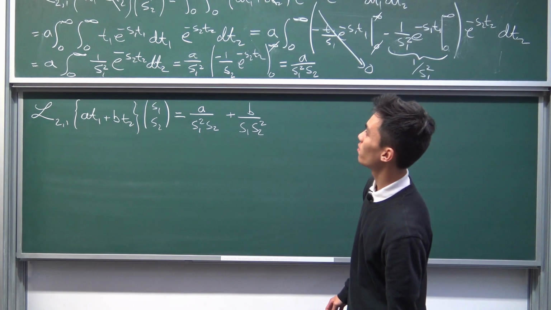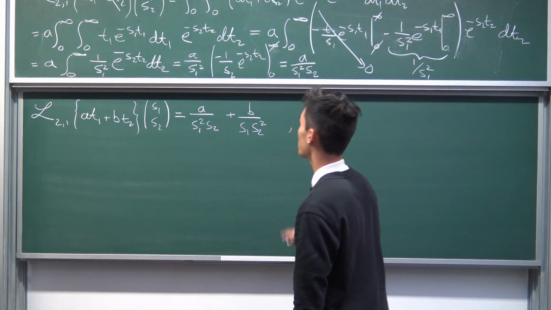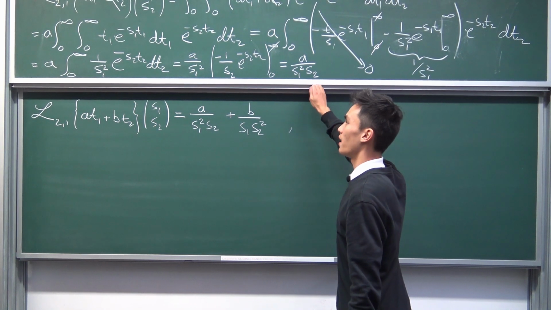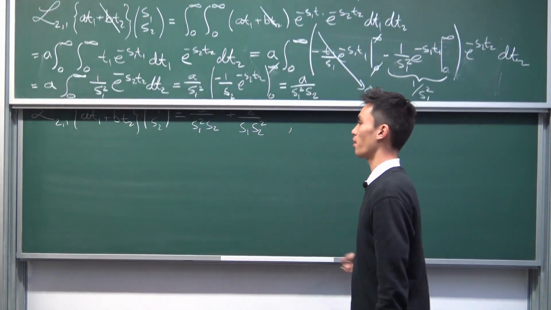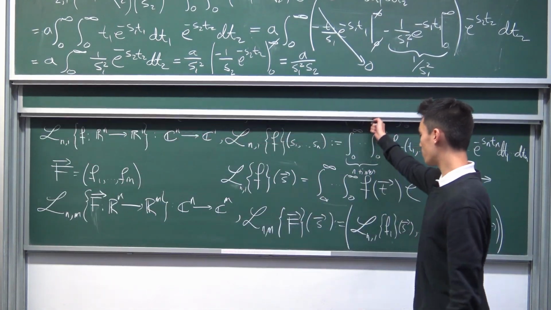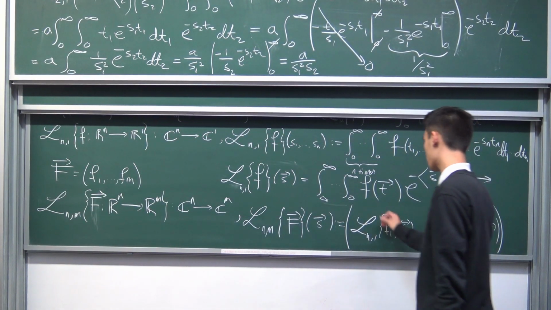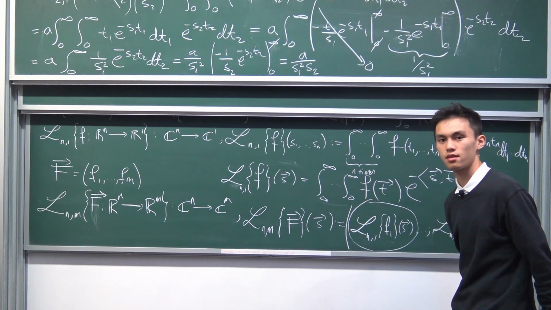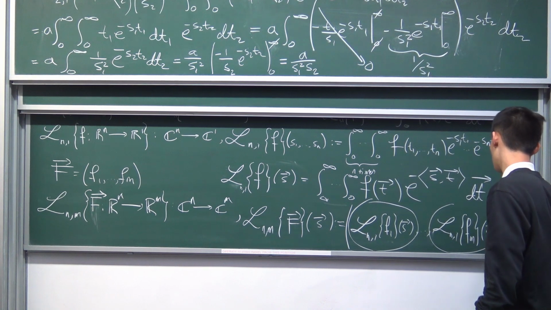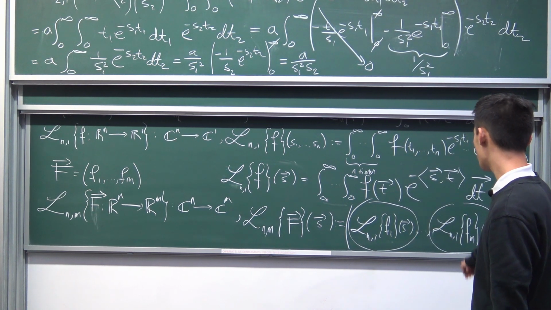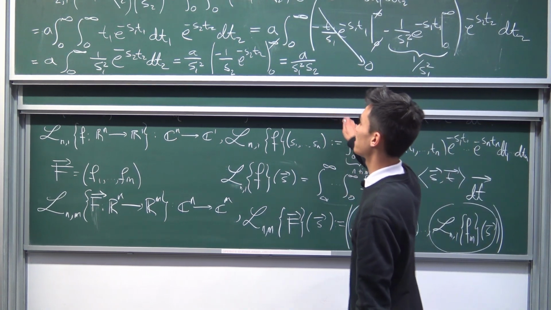We also needed to calculate the Laplace transform. So that was just the first component, the Laplace transform of at1 plus bt2. That was just the first component of our function. So far, we've only calculated this guy over here. We also need to calculate this second guy over here, which is taking the Laplace transform of the second component.